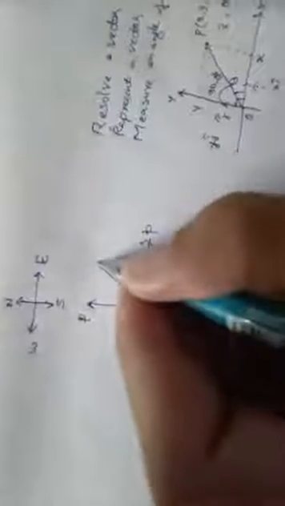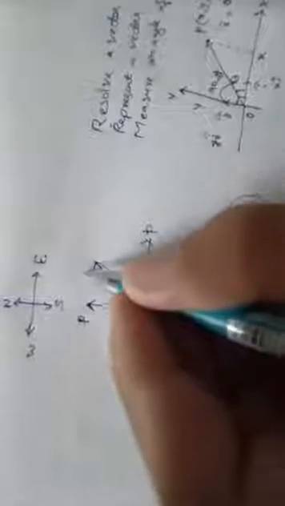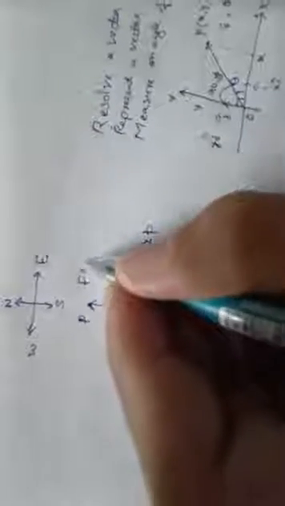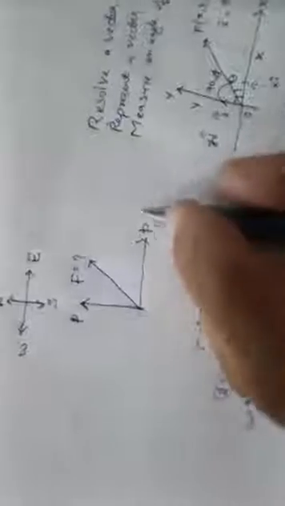Now he is asking the resultant force. So this is our resultant force, right? F is equal to how much he is asking. Just like in the previous section we already learnt, if A is the length along the x-axis and B is the length along the y-axis, then the resultant is under root of a square plus b square.